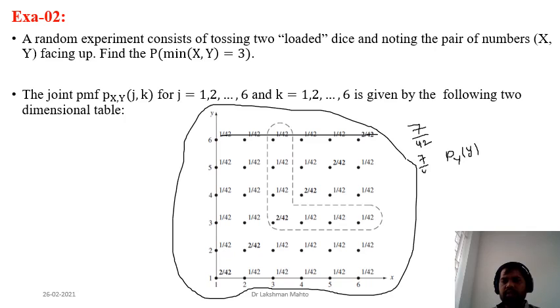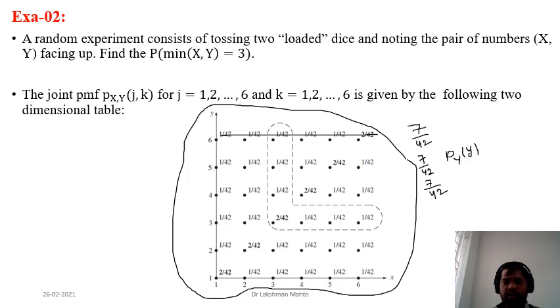Keep on summing. That summation of rows will give your marginal distribution of y, or the marginal probability mass function of y. Again the sum 1 plus 1 plus 1 plus 2, again it is 7 by 42. Then 1 plus 1 plus 2 plus 1 plus 1 plus, again 7 by 42.